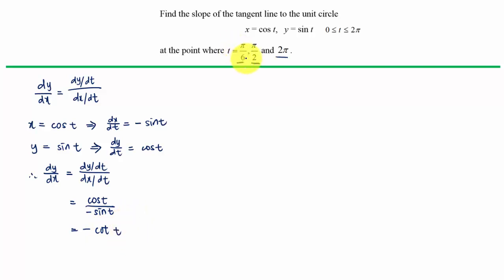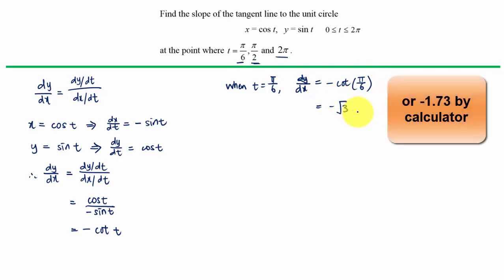Now we are asked to find the value of the slope at 3 different points. So let's substitute the values in. When t is equal to pi over 6, dy/dx is equal to minus cotangent pi over 6, giving us a value of minus square root 3.